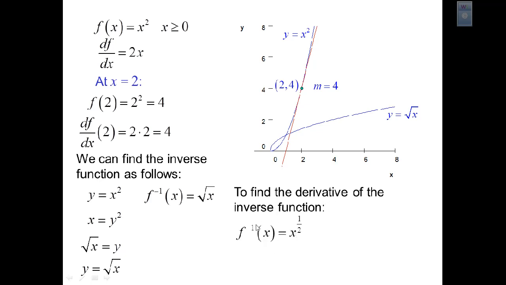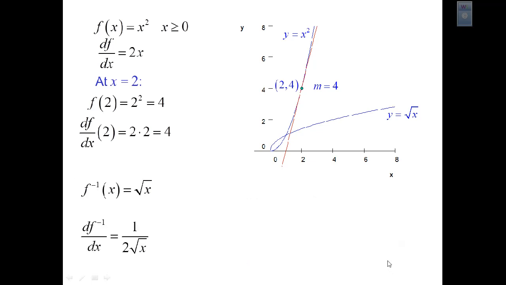So to find the derivative of the inverse function, we take the derivative of this, and we end up with 1/2 x to the negative 1/2 power, or 1 over 2 times the square root of x. So there's the slope at that corresponding point on the other problem. Now at x equals 4, we know that we're going to get 2.